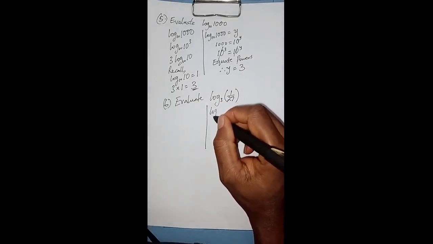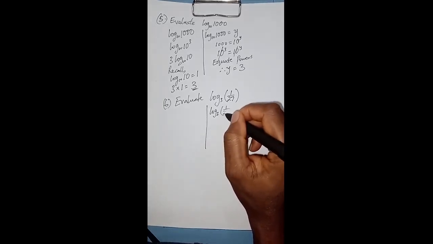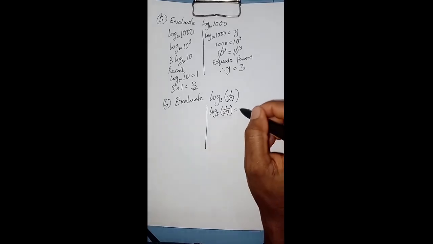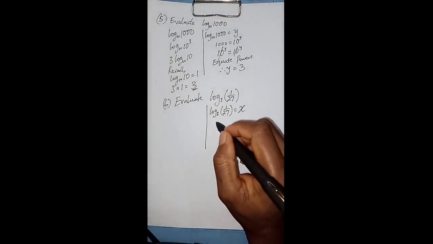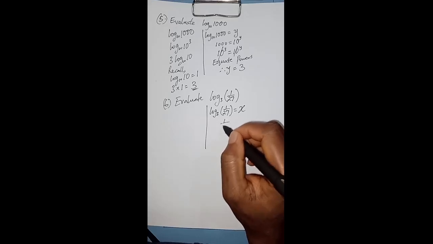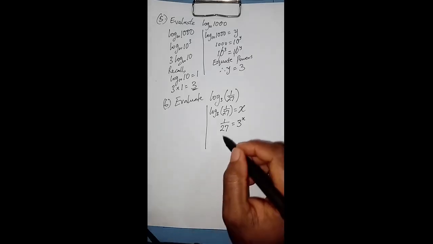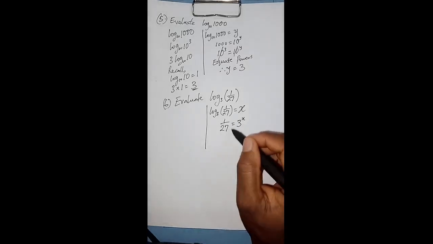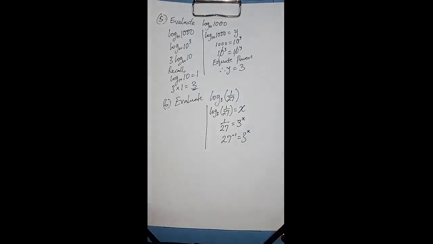This is the same thing as log 1 over 27 to base 3. Let it be equal to x. You can use any letter of your choice. This is 1 over 27 equal to the base 3 raised to power x. 1 over 27, its inverse is the same thing as 27 raised to power minus 1, equals 3 raised to power x.